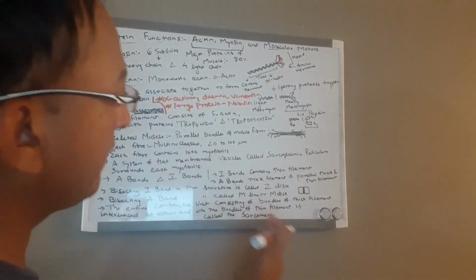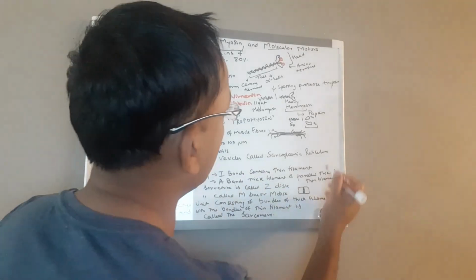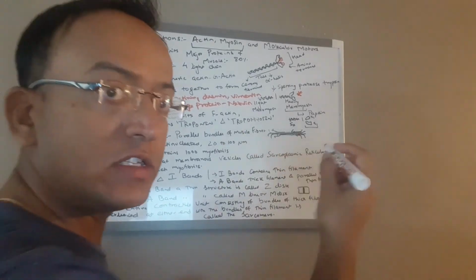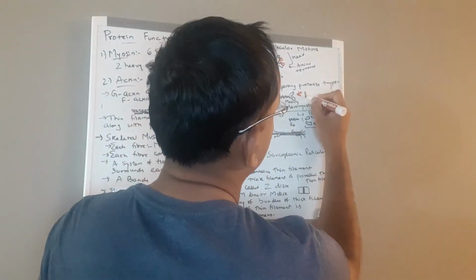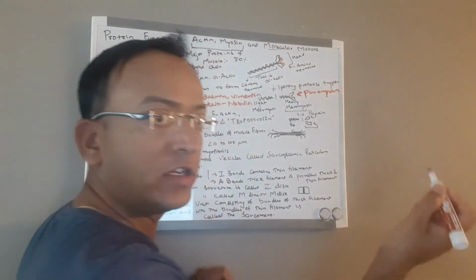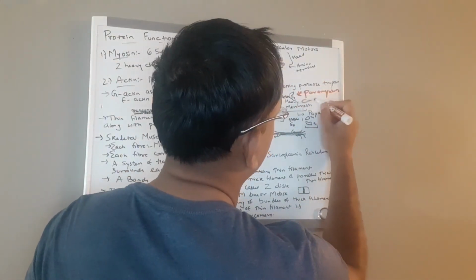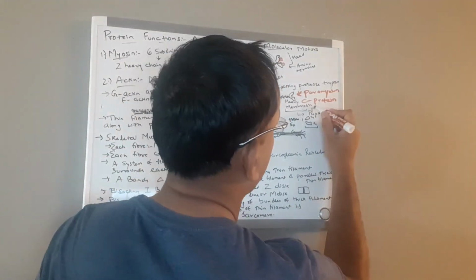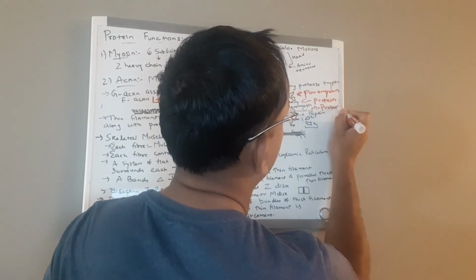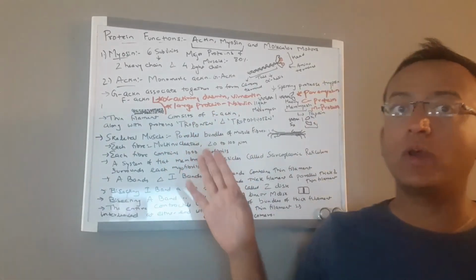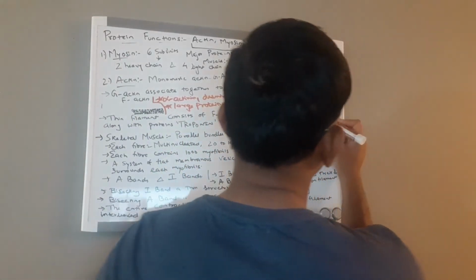For example, I'll write it down here: this thick filament contains paramyosin, C protein, and M protein.